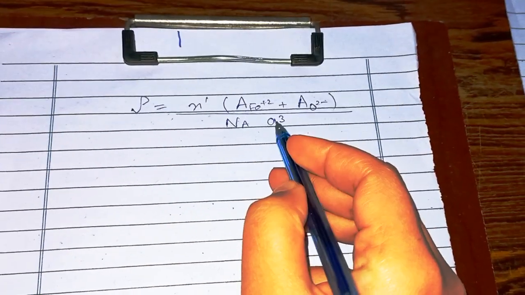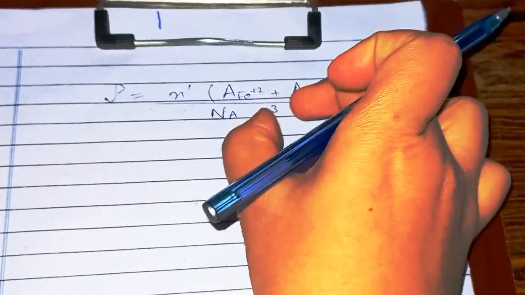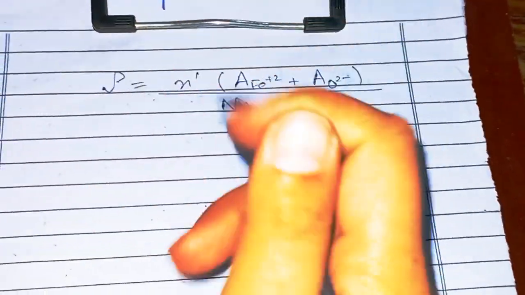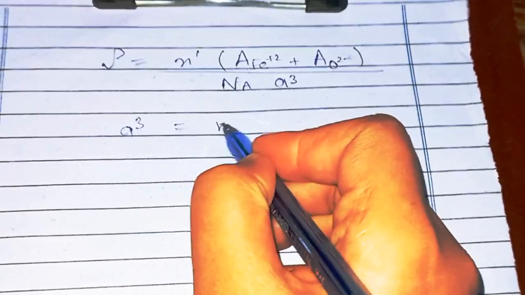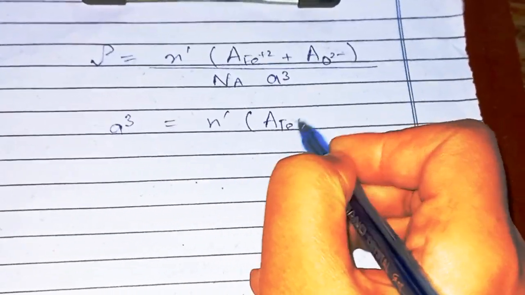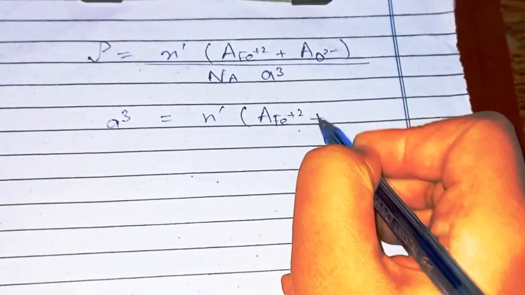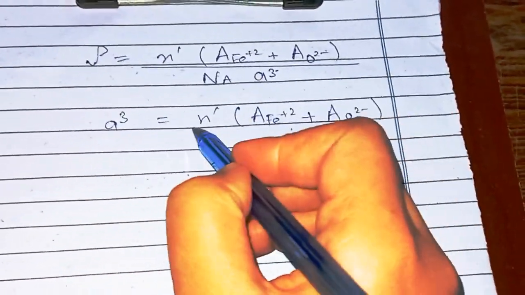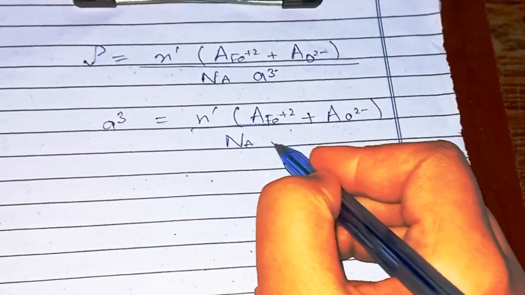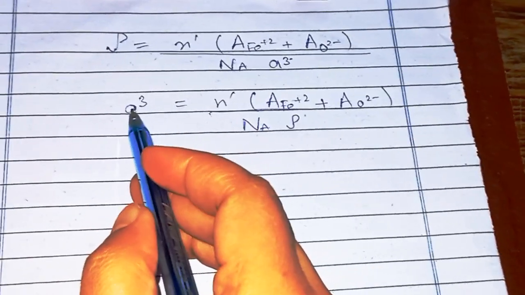Now we need to calculate a. So let's take this thing to this side and rho here. So a cube here, and density will be divided onto the other side since it was multiplied. It's rho here. Now it's a cube.